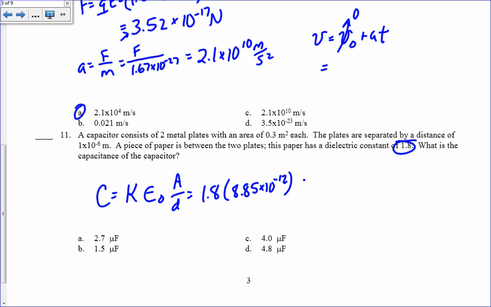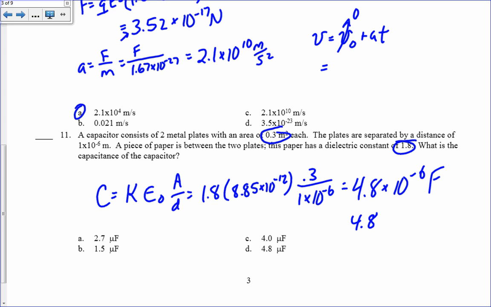Area is 0.3 right here, divided by 1 times 10 to the minus 6, separated by a micron. And I get 4.8 times 10 to the minus 6 farads. That's 4.8 microfarads. Would be D for number 11.